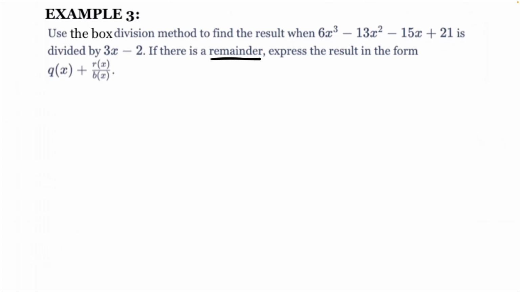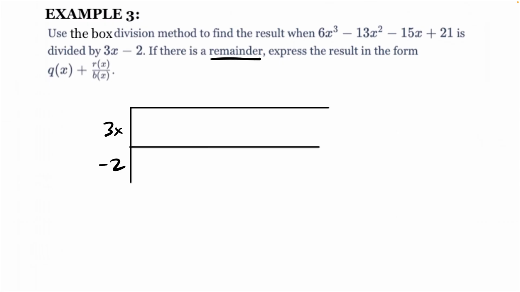All right, so let's start with building our box. What's going to go to the left of the box? 3x minus 2, right? So that's a binomial, so I'm going to cut it in half. What's going to go in the first spot? 6x cubed, 6x3, yep.